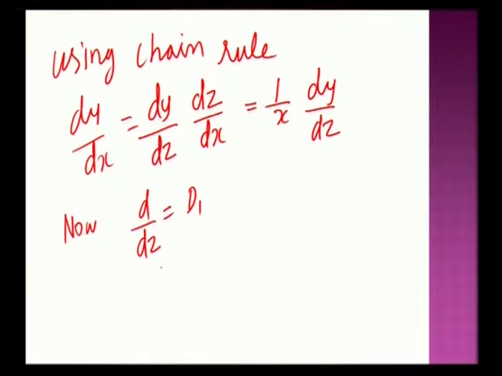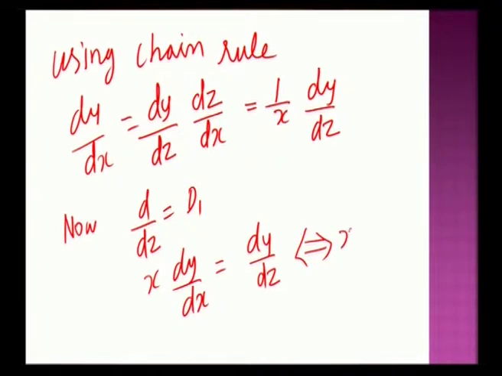Then we have x dy by dx is equal to dy by dz, which is equal to D1 y.